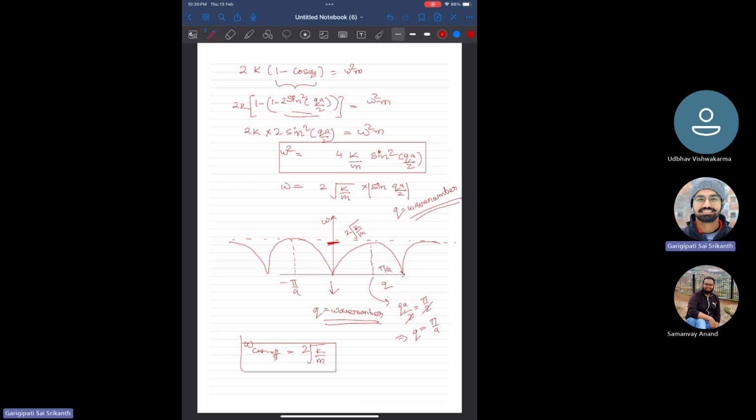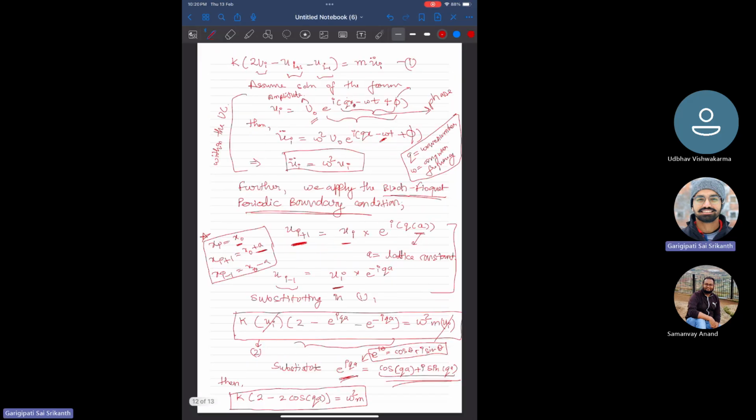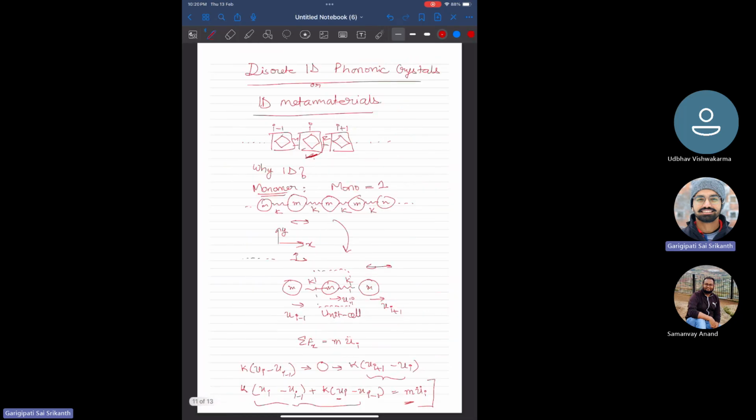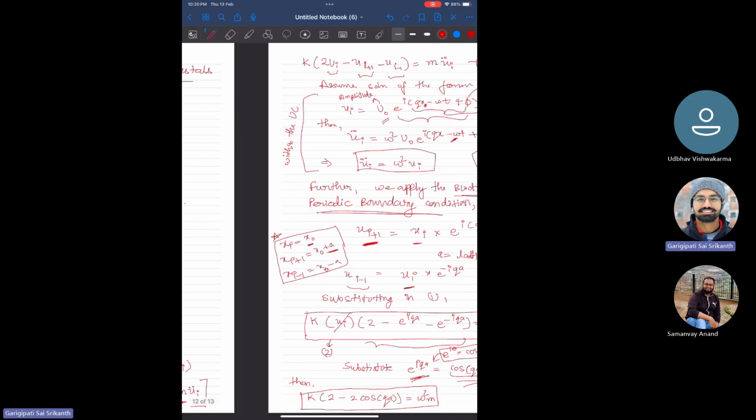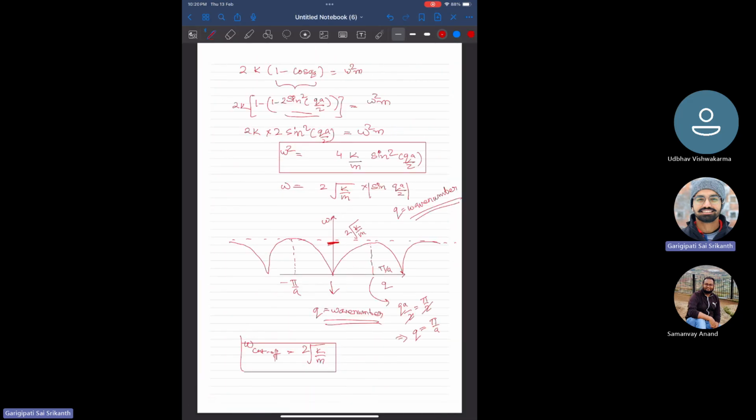So essentially, what we are doing here is we are assuming some harmonic wave, and this is a sustained wave that is happening in this crystal. There's no external force. If there's a slight initial wave, then that wave will sustain. It's an infinite crystal, it will keep going. So these are like stable modes.